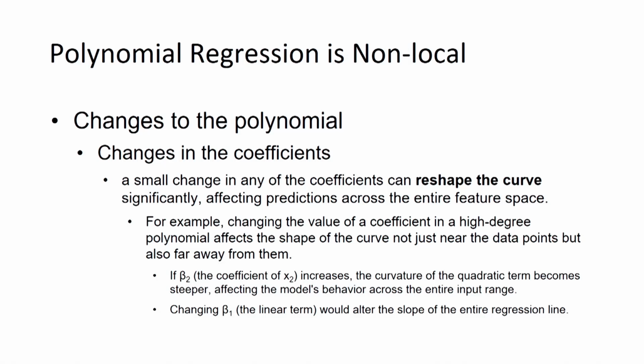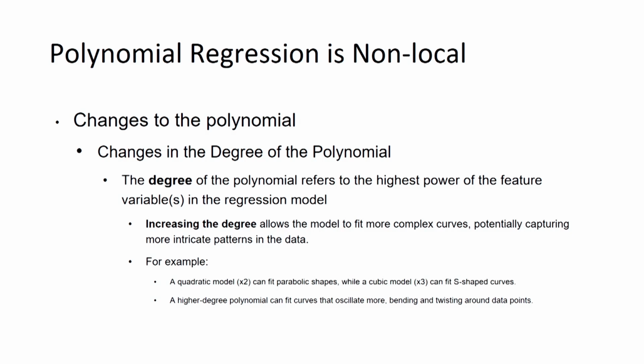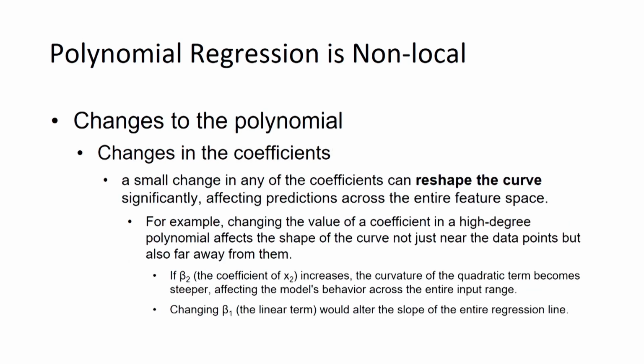When we talk about changes to the polynomial, there are two ways we can change it: one is we can change the coefficients, and another is we can change the degree of the polynomial. Suppose we change the polynomial by changing its coefficients.